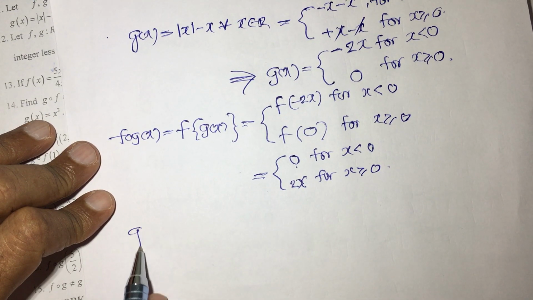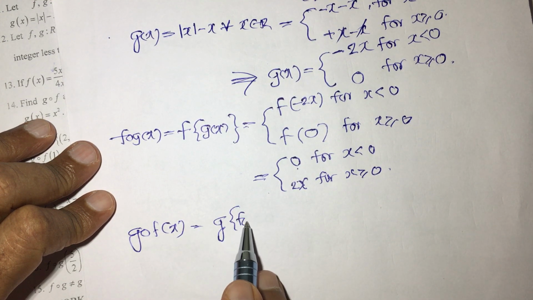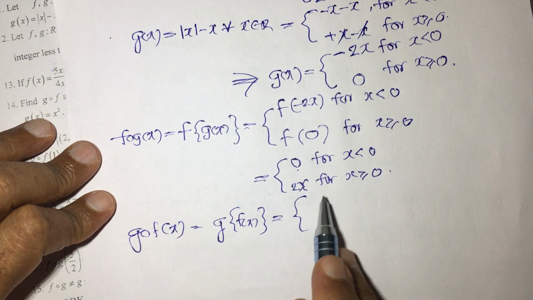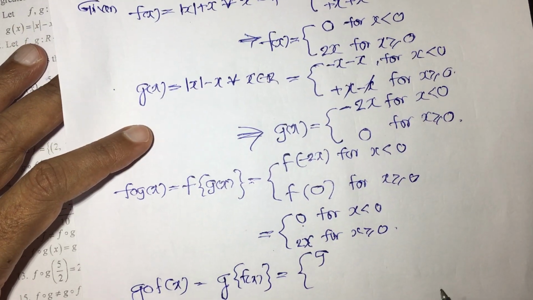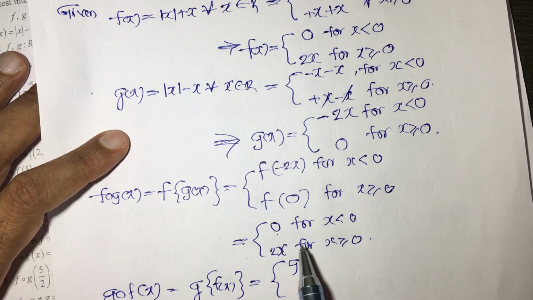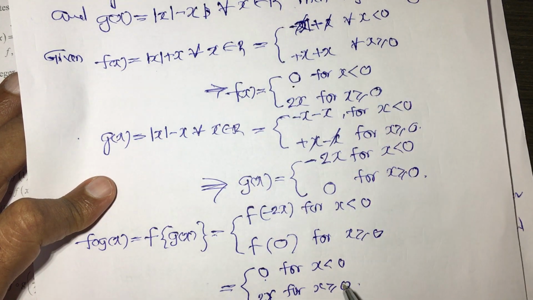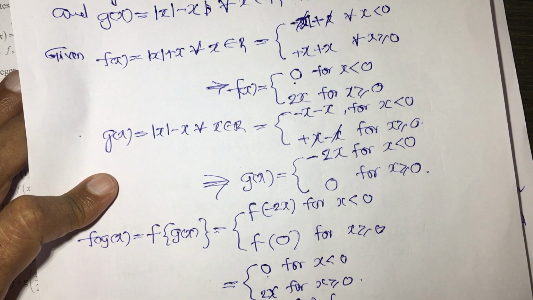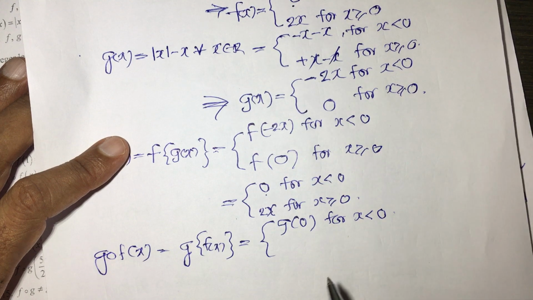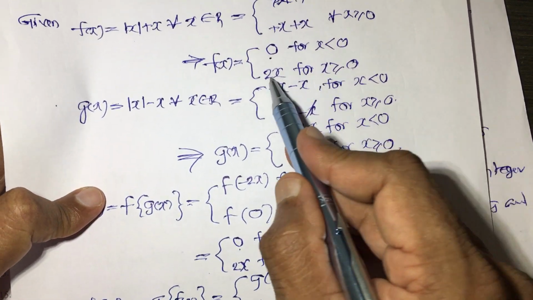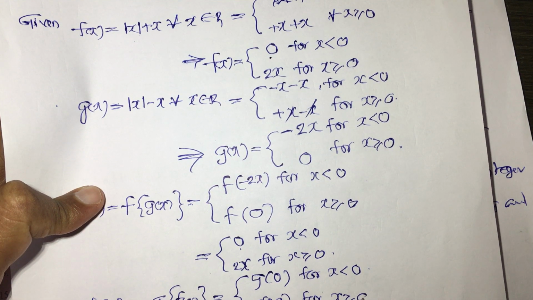Next I take g composite f of x, which is g of f of x. f of x is given as 0 for x less than 0, and its value is 2x for x greater than or equal to 0.